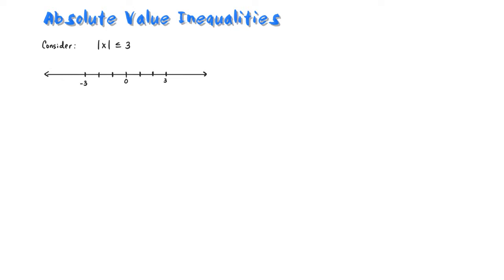And in order to do that, I want you to remember the basic idea of an absolute value of x. The absolute value of x measures how far apart the number x is from 0 on the number line. So keeping that in mind, let's go back to this inequality here. We want to find all the values of x such that the absolute value is less or equal than 3.